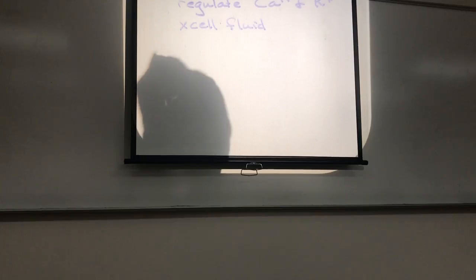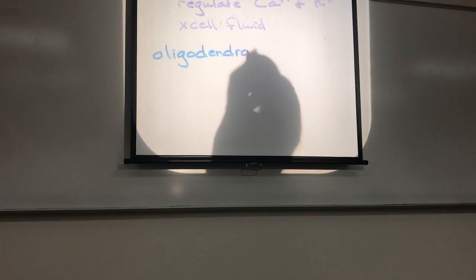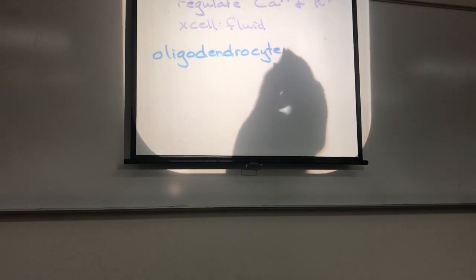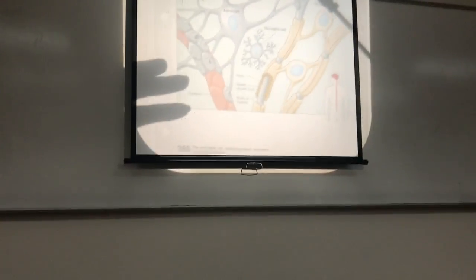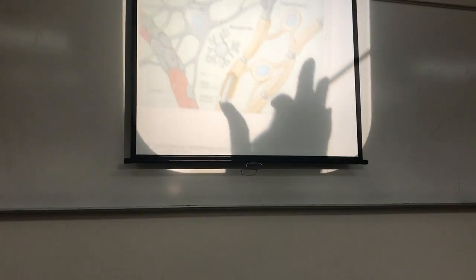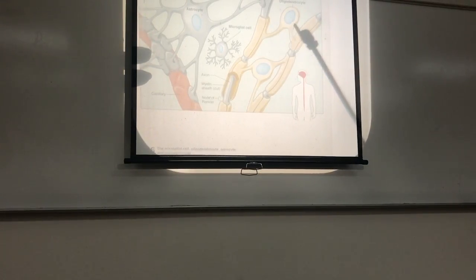Now, another type of neuroglial cell are the oligodendrocytes. I'll show you these guys in the picture. Now, this is the neuron, and this is the neuron's axon in gray. This guy over here is the oligodendrocyte.